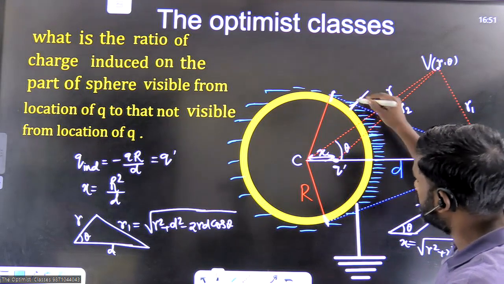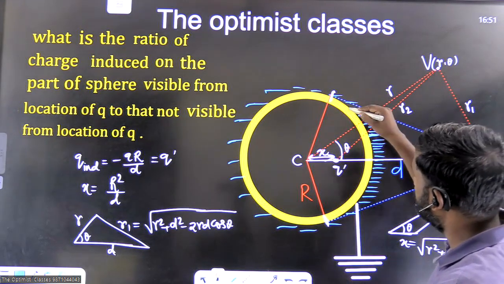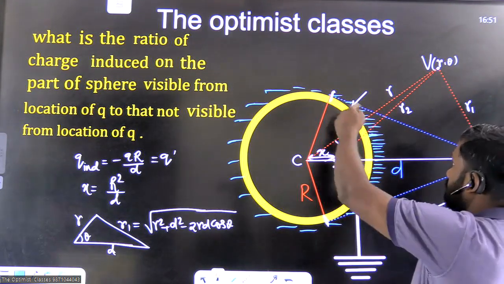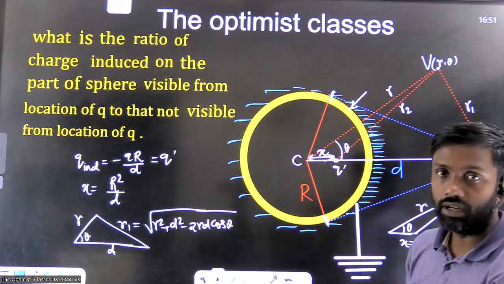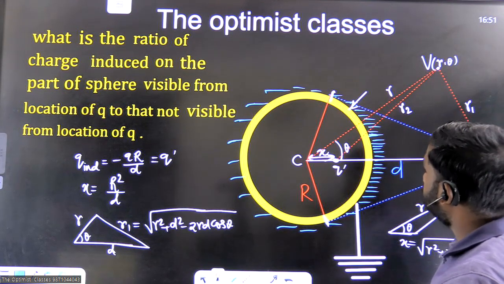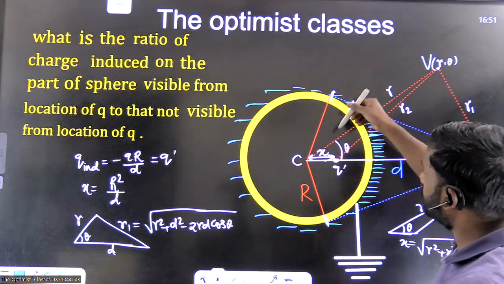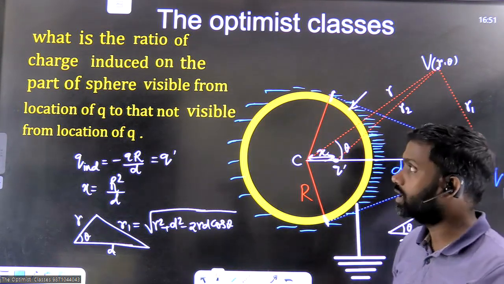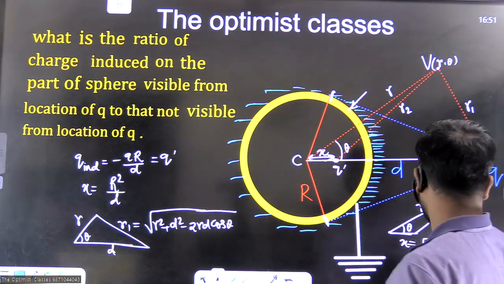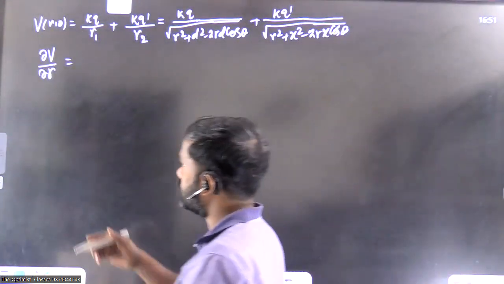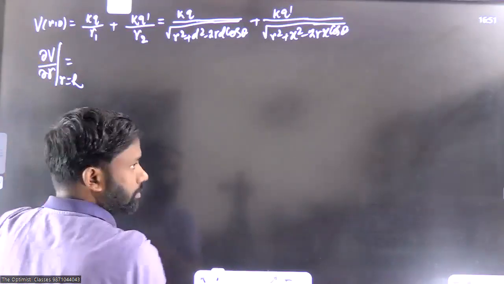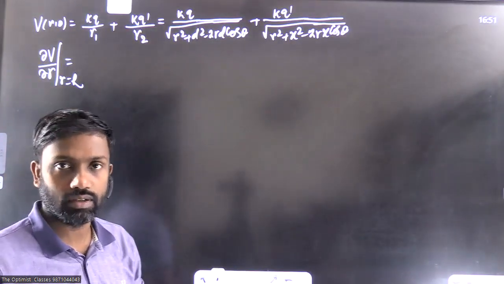Since this is negatively charged, the electric field will be towards the conductor. Since it is exactly perpendicular, it is in the radial direction, so we only have to calculate the radial component of the electric field near the surface. That's why we will put r equal to capital R, and calculate only the radial component, because there won't be any other component near the surface of the conductor.